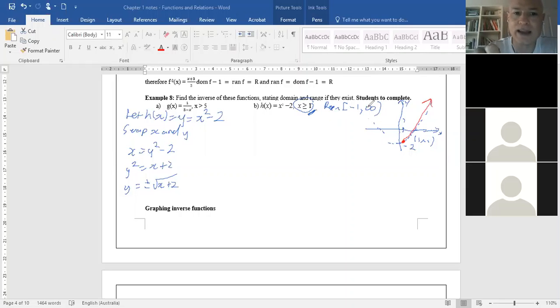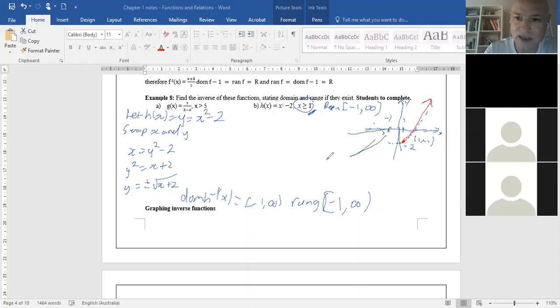Okay, so when I look at that, my inverse is going to have domain for h inverse of x of -1 to infinity, and it's going to have range from -1 inclusive to infinity. So really my graph of the inverse is going to be -1 along the x, and -1 along the y.